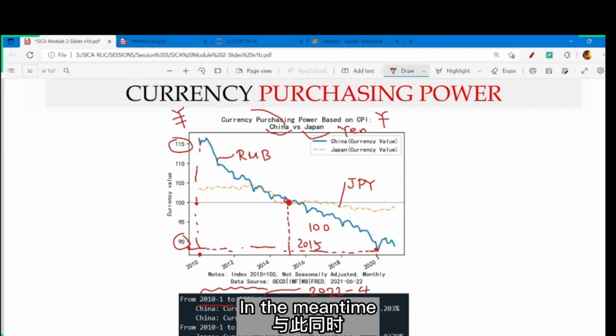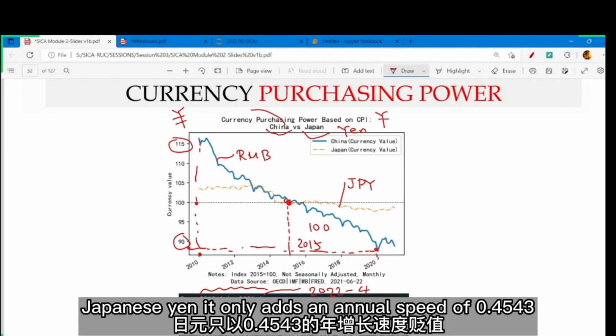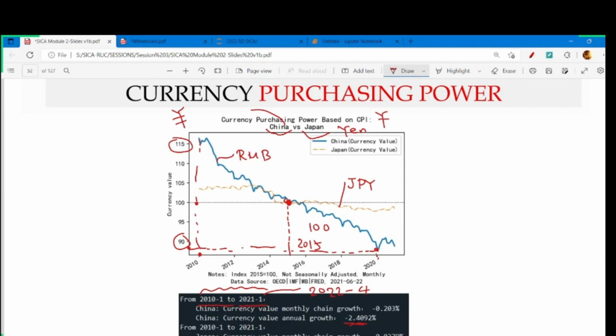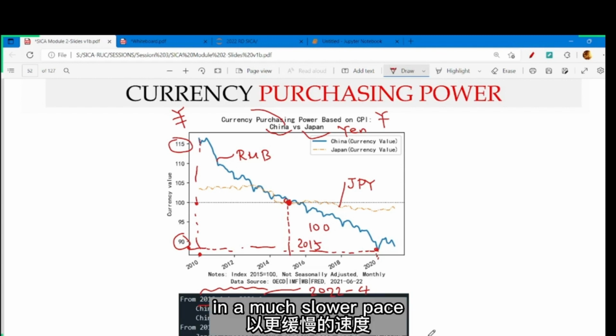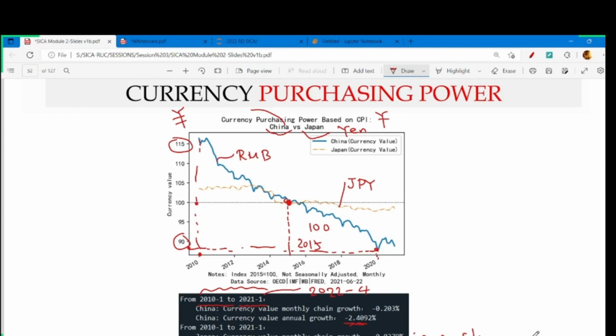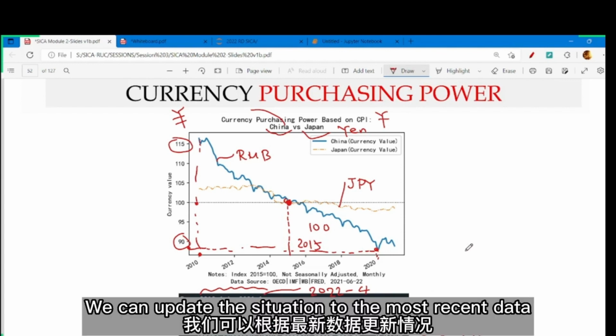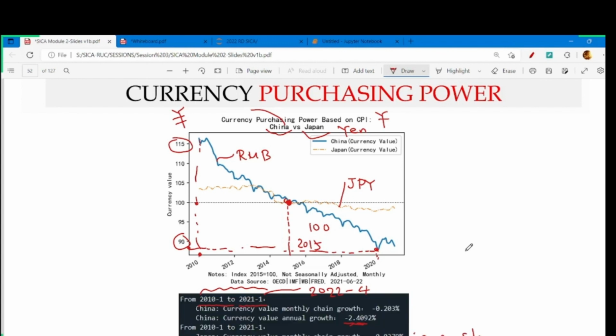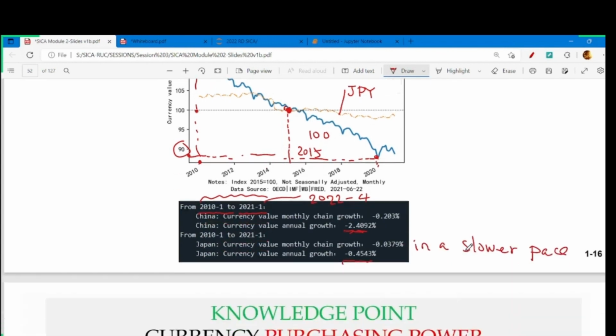And in the meantime, Japanese yen, it's only at an annual speed of 0.4543, in a much slower pace. This is the situation. We can update the situation to the most recent date when we have the data.